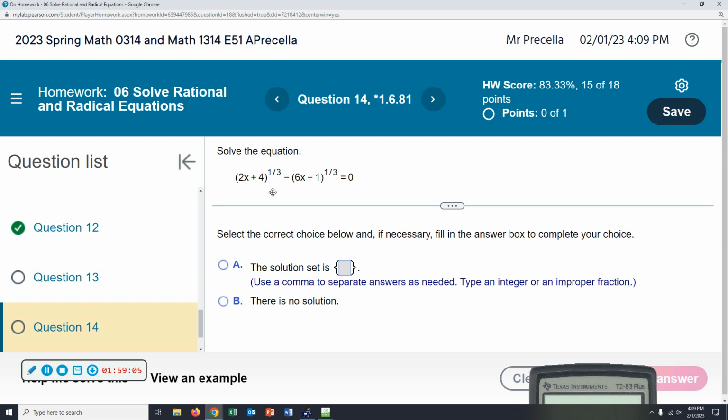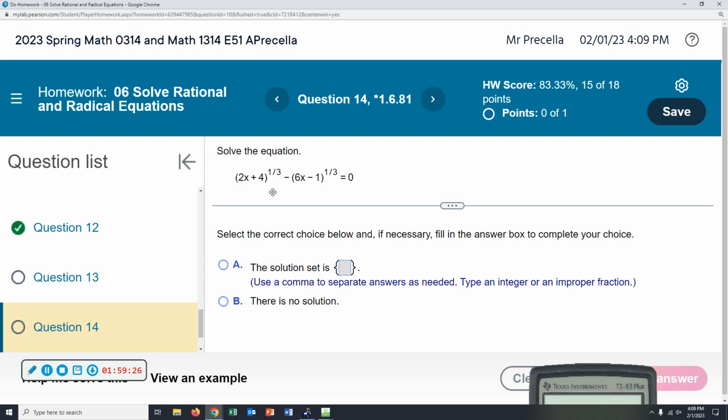Number 14 is one of those that we haven't recorded, and number 13 we haven't recorded either. I claim number 14 is actually easier than number 12, the one we just did.